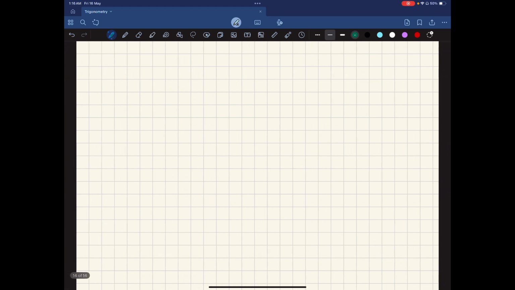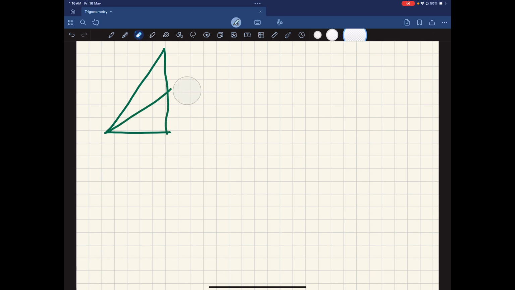We can also do another past paper question. Okay, so let's label the triangle A, B, C, D. This is the right angle triangle.